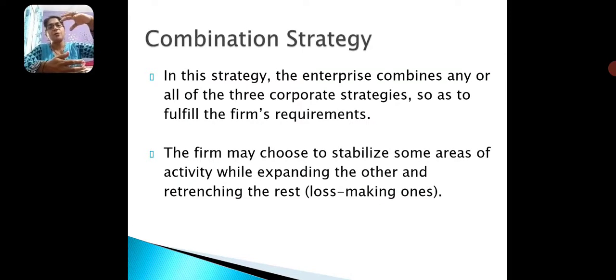So at the corporate level, they look at each business unit. We have something called the BCG matrix that we will see in later sessions, where they try to figure out what the different business units in the corporate are and where they stand. Do they have a high growth profile and high market share, or low growth and low market share, or high growth but currently low market share?